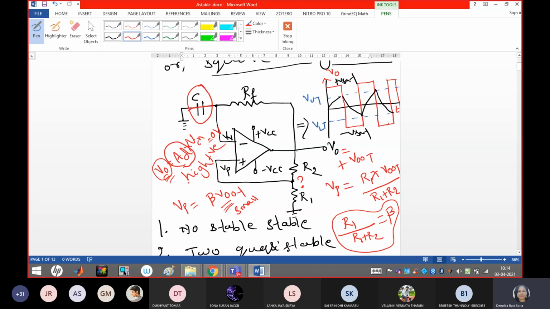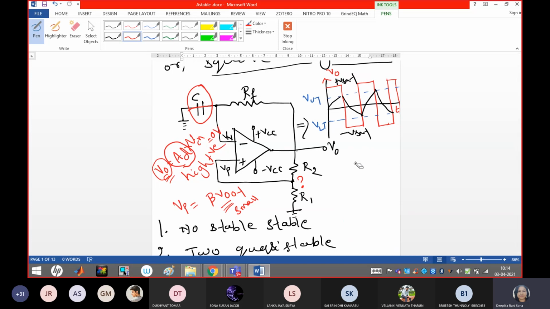So let's label that one as the plus Vset voltage. After that VOOT multiplied with your gain will make your output positive. Let's label this as plus Vset voltage. So now V0 is plus Vset.